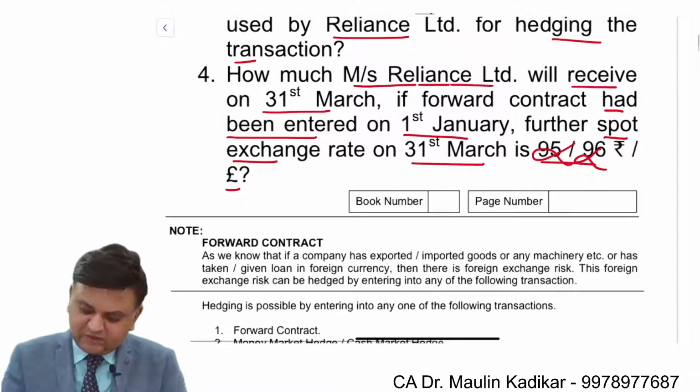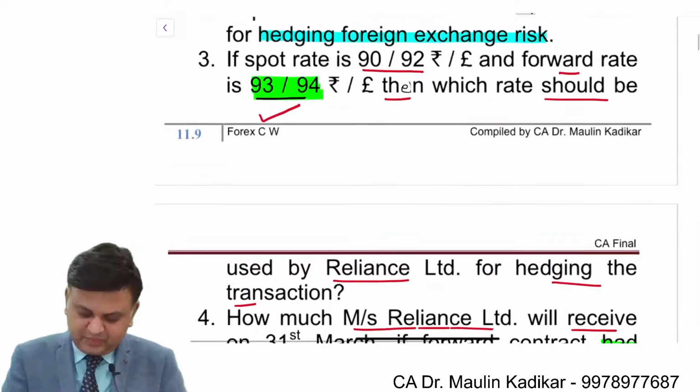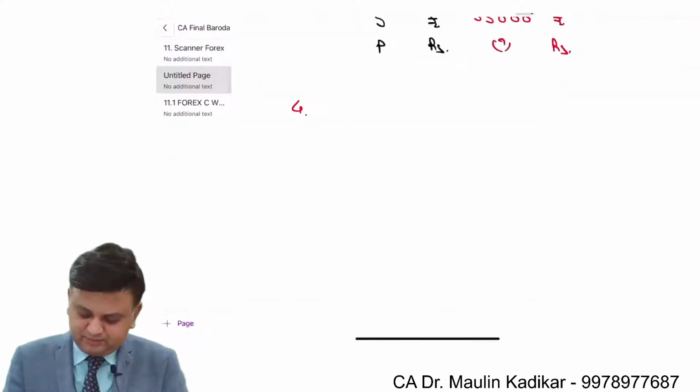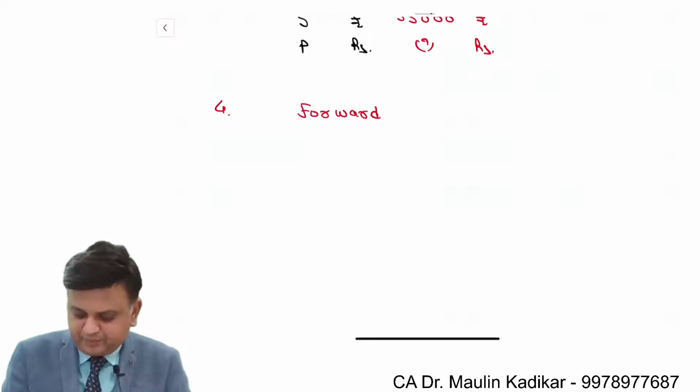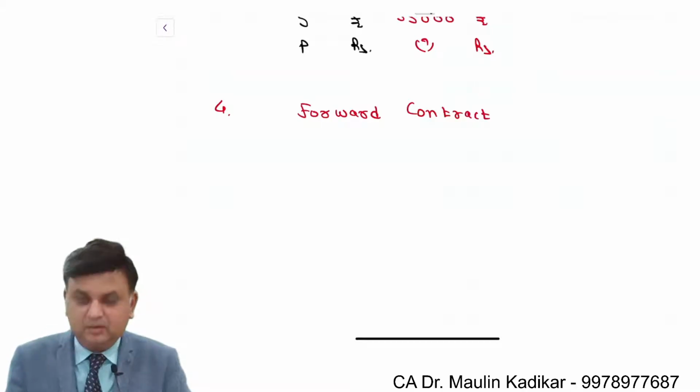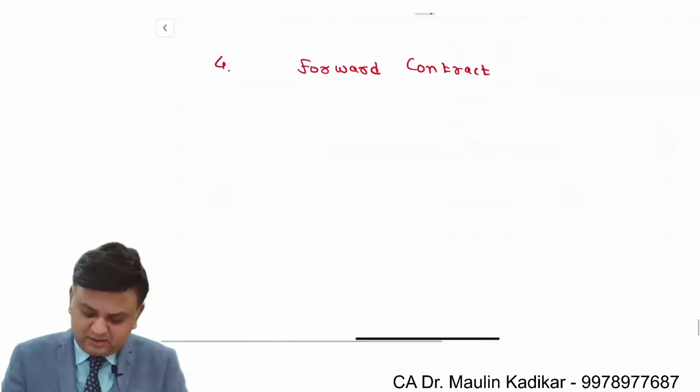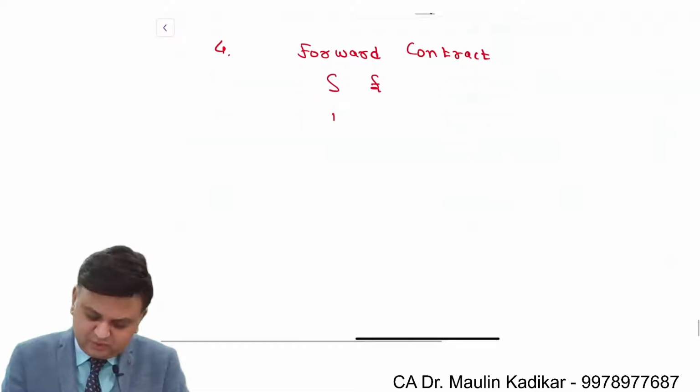Why? Because the forward contract has been entered upon. So it is 93.94. We understand that in the forward contract, it is conversion of the pound into rupees.